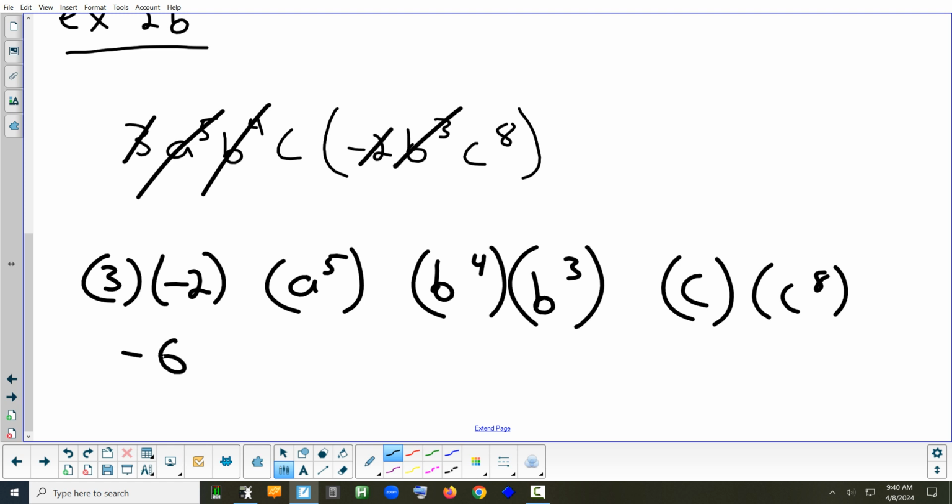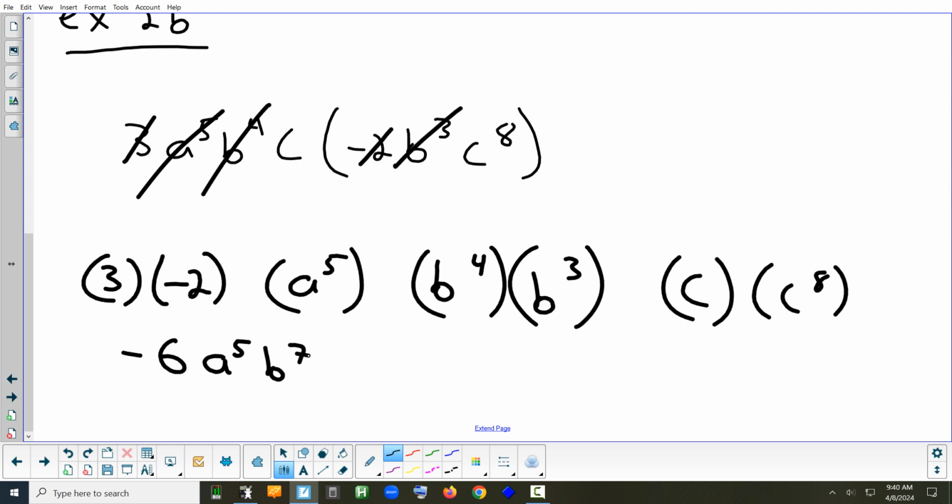Marie, what's going to be the next thing after the -6? You bring down the a to the 5th power. Yeah, we're going to just bring down that a to the 5th. There's nothing I can combine it with. What's going to come after the a to the 5th? B to the 7th. B to the 7th. Okay.